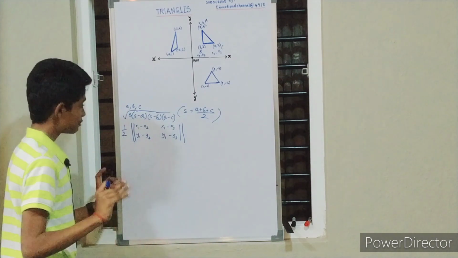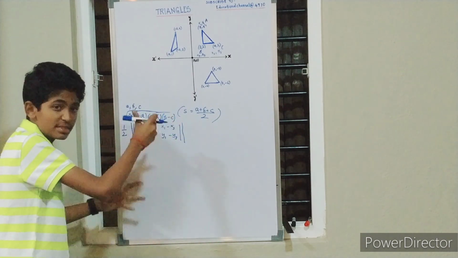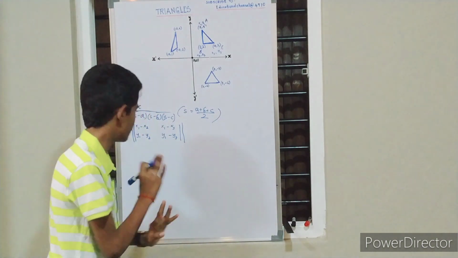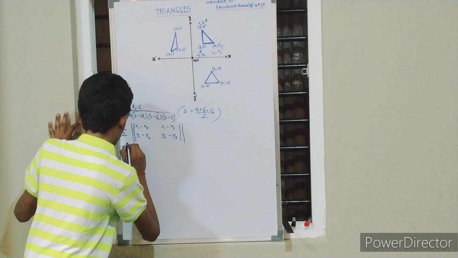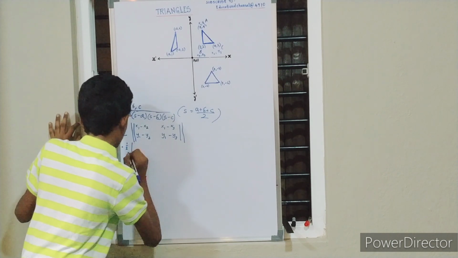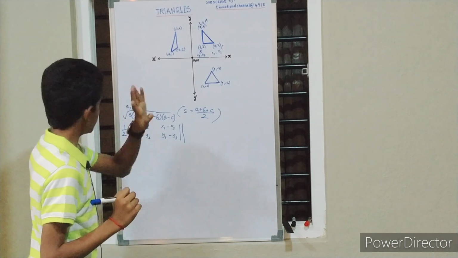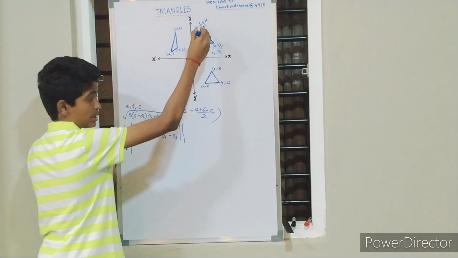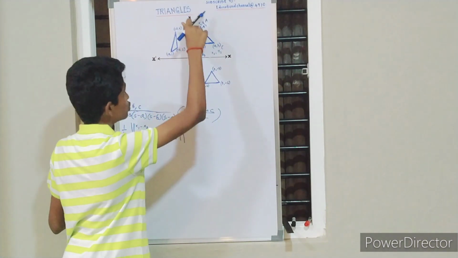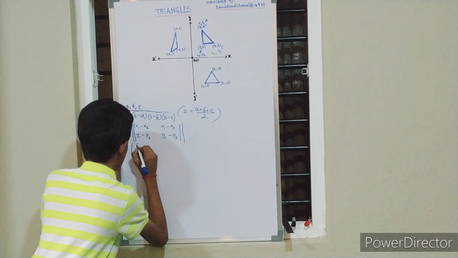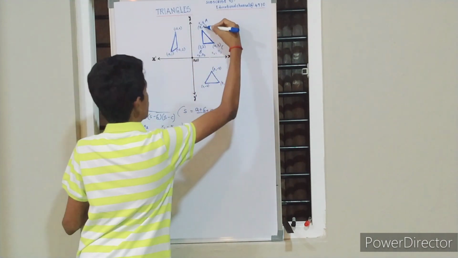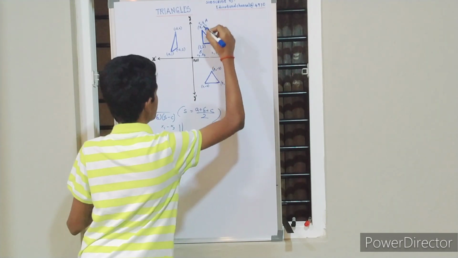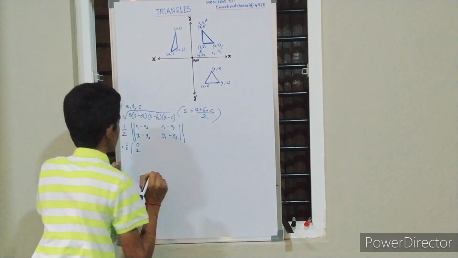Very simple. First we will substitute the values and then I will tell you how to solve this. So, this is equal to half of x1 minus x2. x1, x2, 2 minus 2, 0, right? y1 minus y2. y1, y2, 4 minus 2, 2.